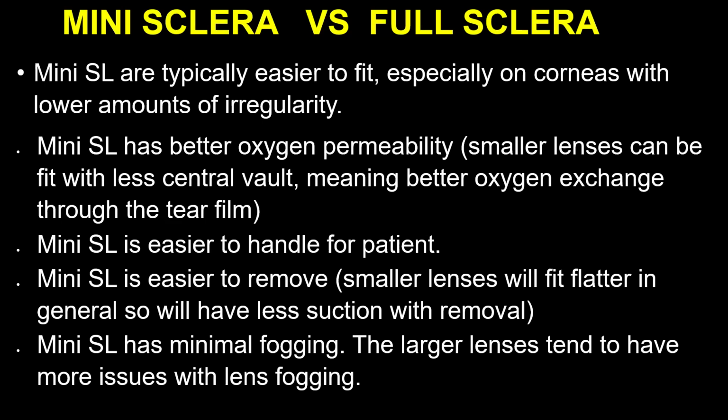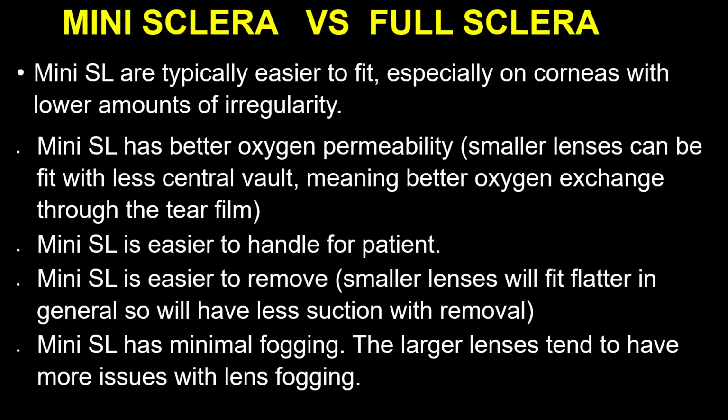When you have a larger diameter scleral contact lens, you have more fluid. Because you have more fluid in the interface between the cornea and the lens itself, you have a lot of interaction going on. Debris, protein and other things can develop and interact with the fluid, and that can lead to blurring of vision.